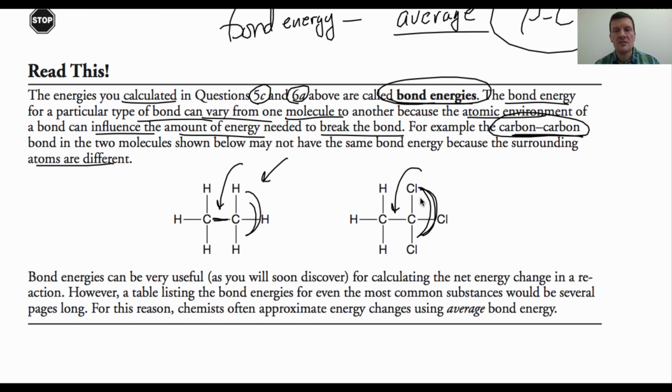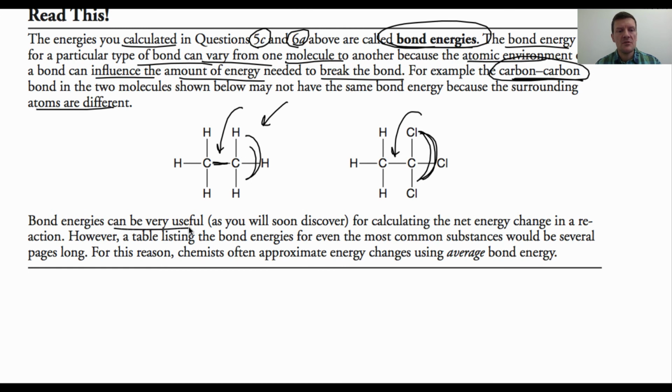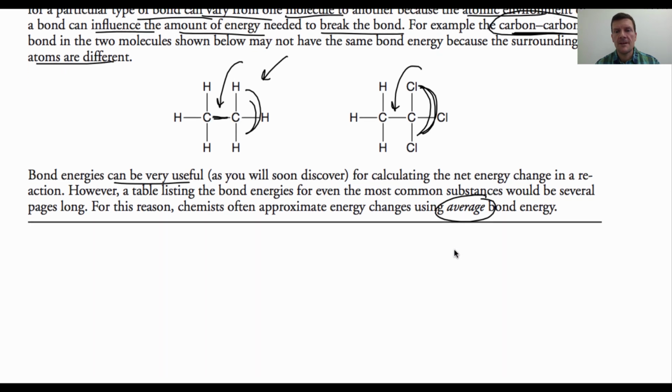And those chlorines are going to have a different kind of tug and pull and force as a result of their nature. Okay? So bond energies can be very useful, but just keep in mind that they do vary a little bit, so we're going to take an average bond energy if we talk about a single bond between two particular atoms. Okay?